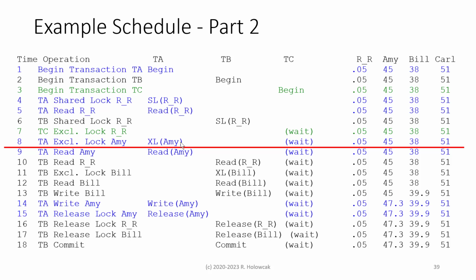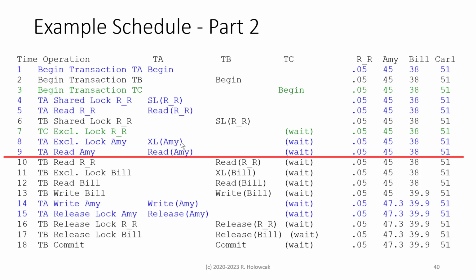So an exclusive lock is necessary. Now that that lock is granted, transaction A is able to read Amy's salary, and transaction A learns that Amy's salary is $45,000. So now transaction A has all the information that it needs to apply a 5% raise to Amy's salary of $45,000.